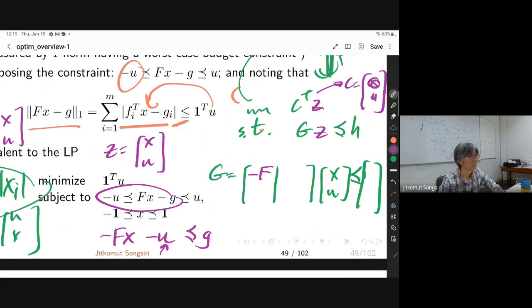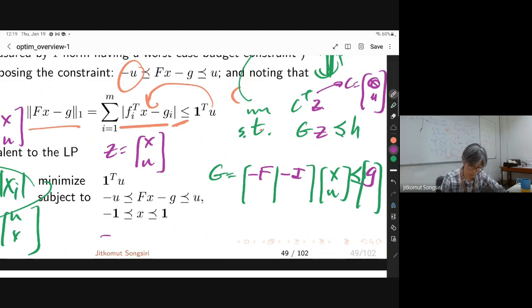Is it a vector 1 or an identity matrix? Identity matrix, right? On the right hand side is what? G. Okay. I'm going to erase.